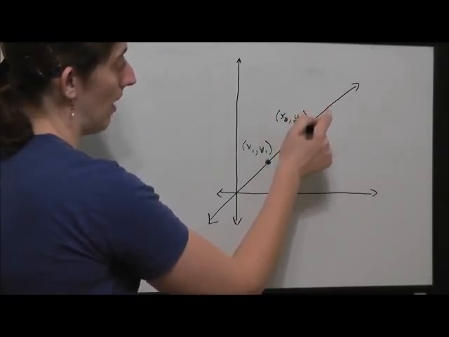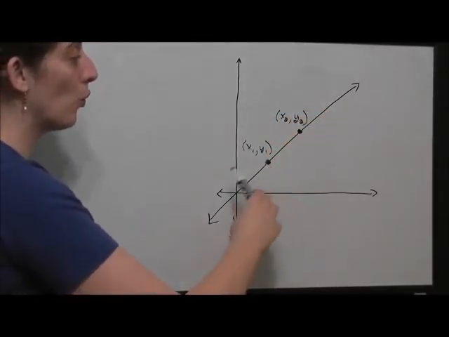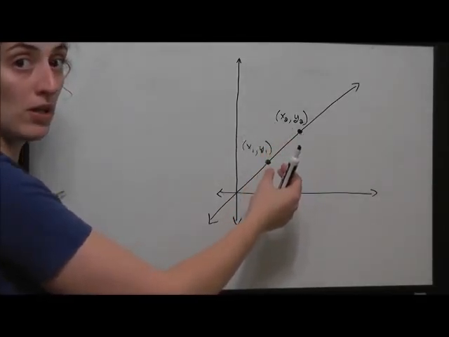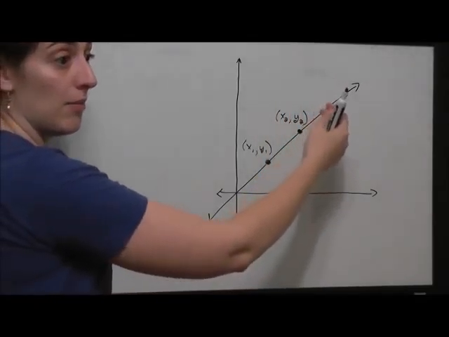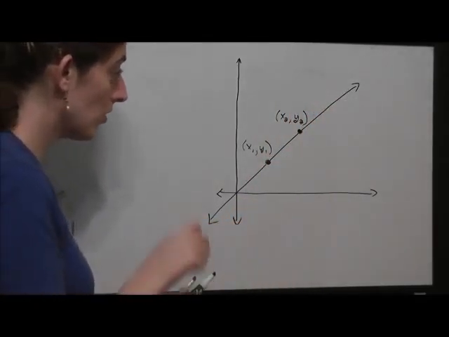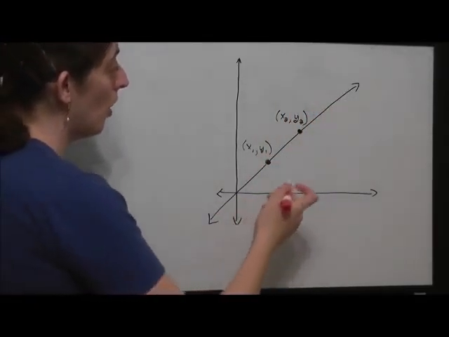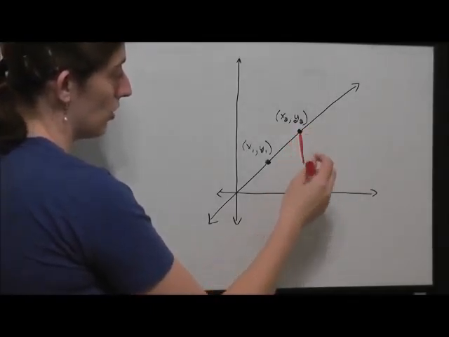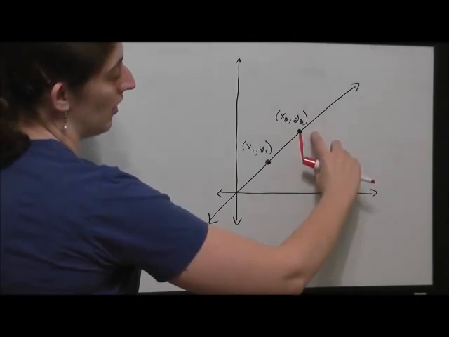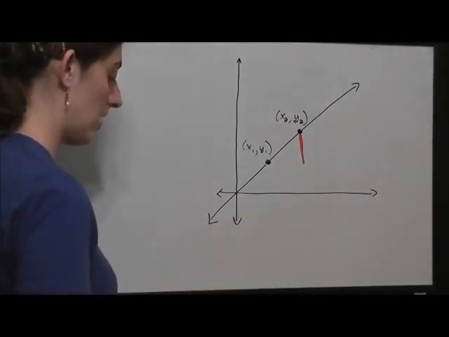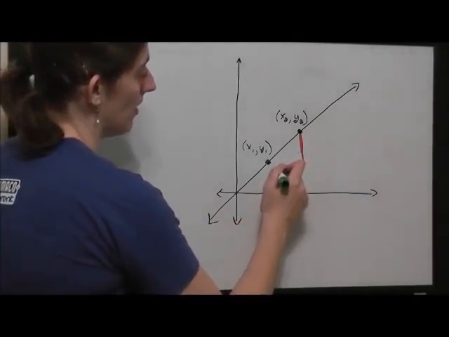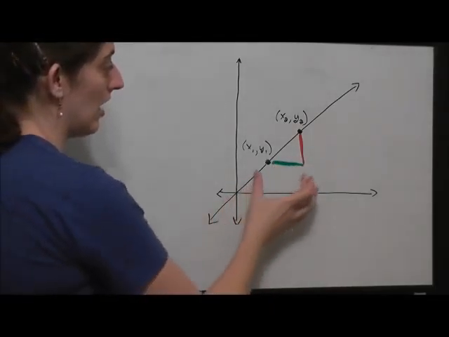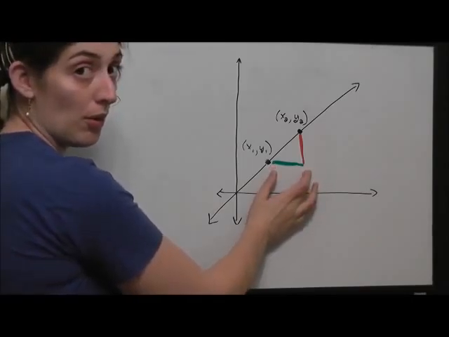And the nice thing about lines is that no matter which points we pick, the relationship between these points will always stay the same. So when we talk about slope, we talk about the change or difference in the y. So how much difference is there in the height between the 2 points? And then we also talk about the difference in the x's. So how much difference is there in the distance between the 2 points?